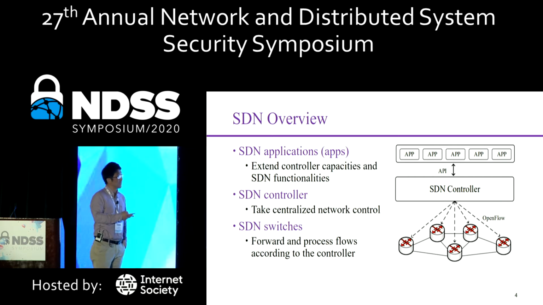Then it will send those commands or messages to the switches, helping them find the best path. A number of applications may be installed on these controllers to extend their functionality and capability, such as routing, load balancing, or security mechanisms.